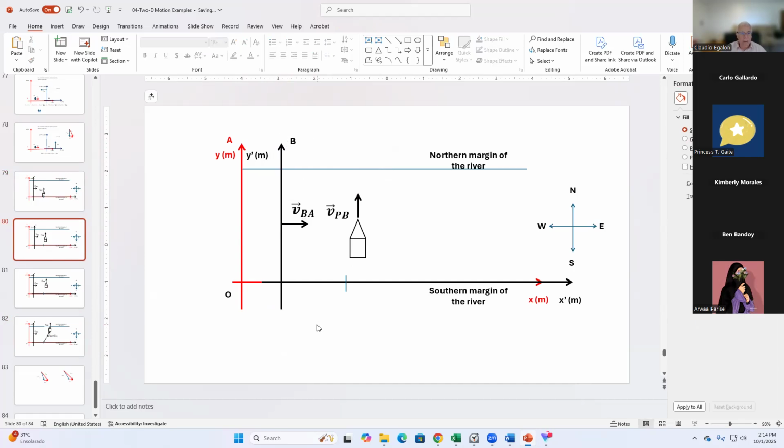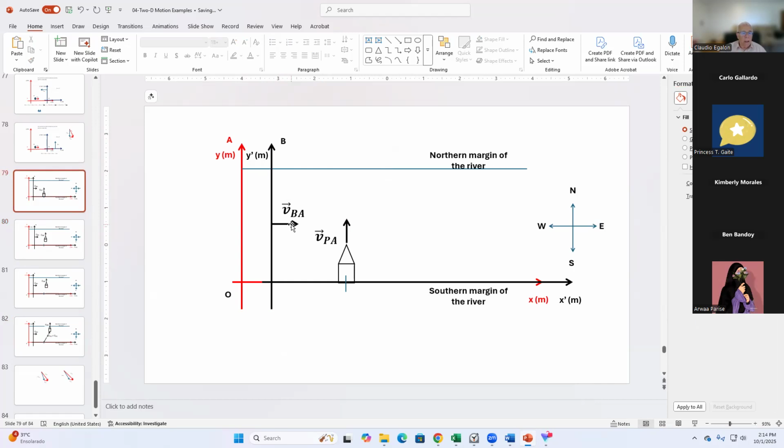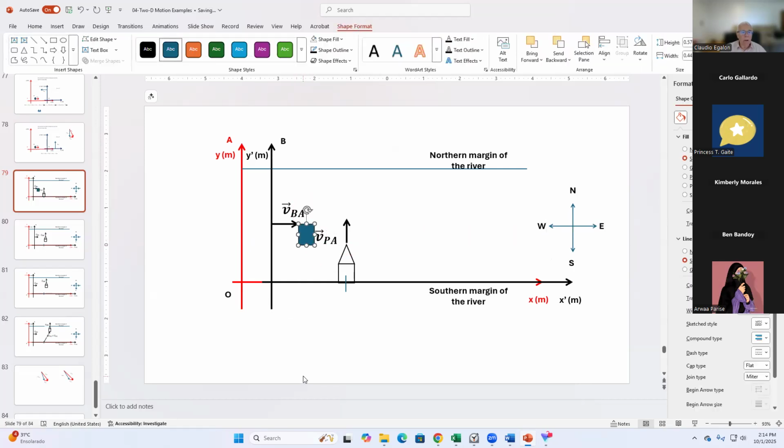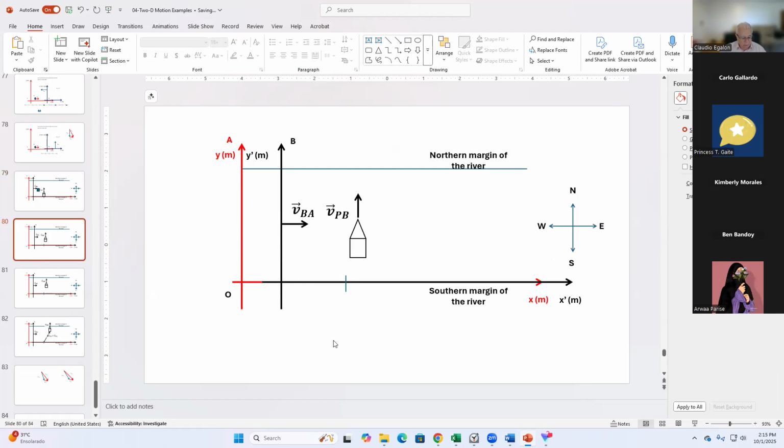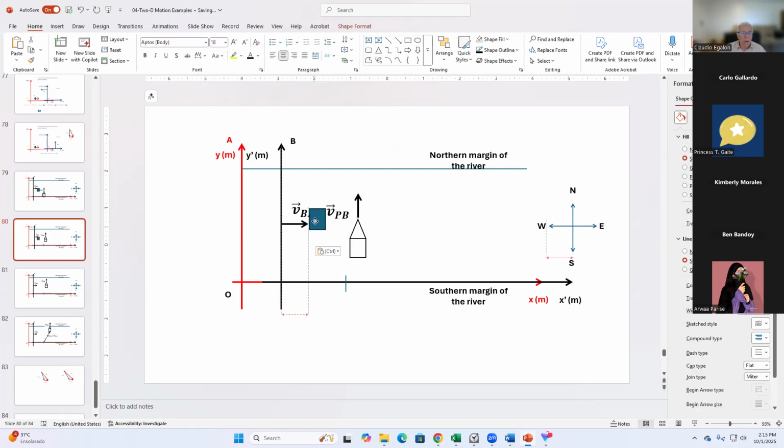Let's see if I got it right. I'm going to put a reference here to make sure everything is drawn in a realistic fashion.